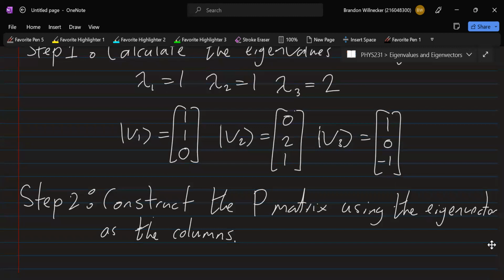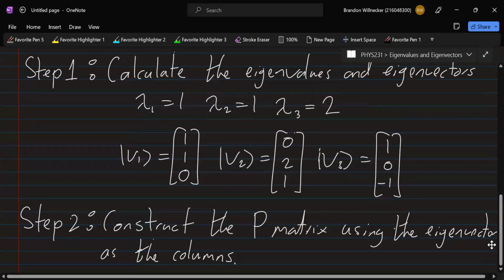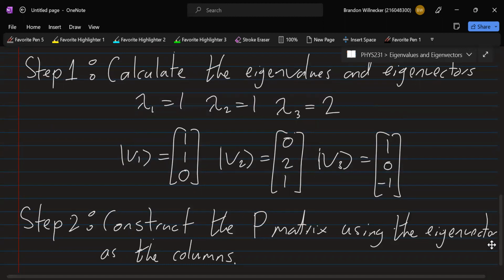This numbering is quite important, because when we arrange the columns, we need to remember the order. Here we've got lambda 1, lambda 2, lambda 3, V1, V2, V3. Once you've labeled them in that order, please stick with that order.